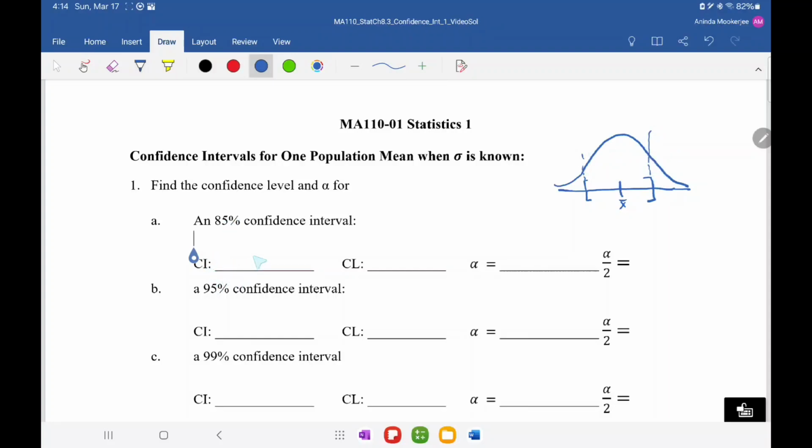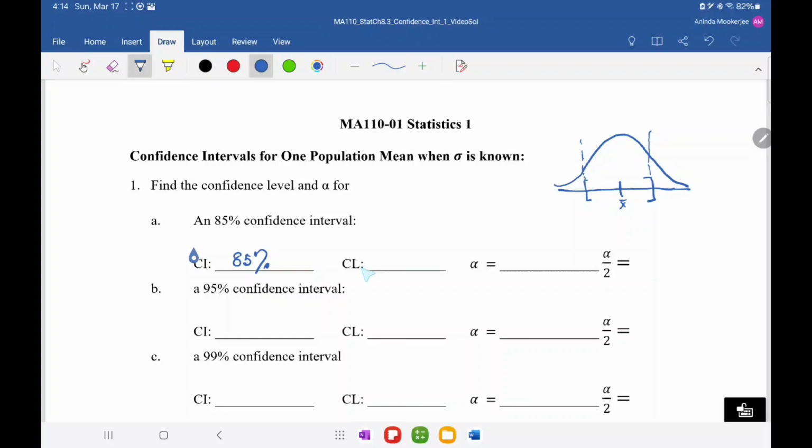Now, confidence interval can be written as a percentage. So for the first one, 85%, I'm just going to write 85% for the confidence interval. Now, the next information they want is the confidence level. What is confidence level?